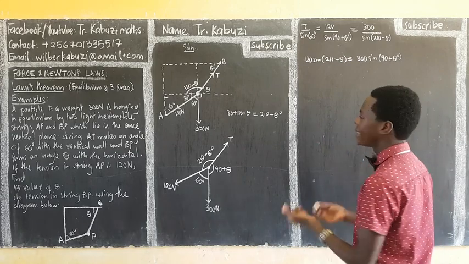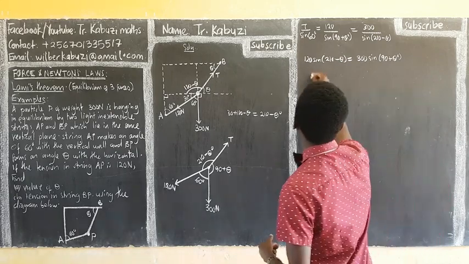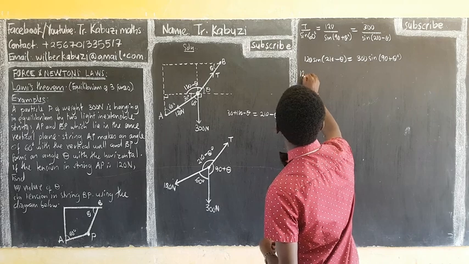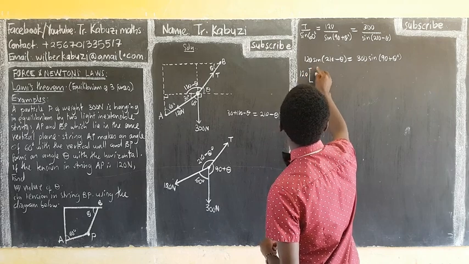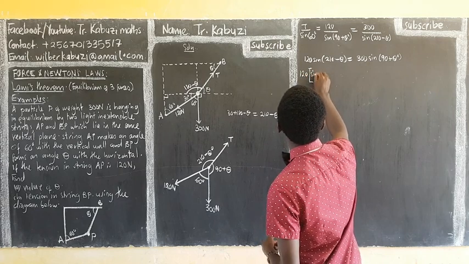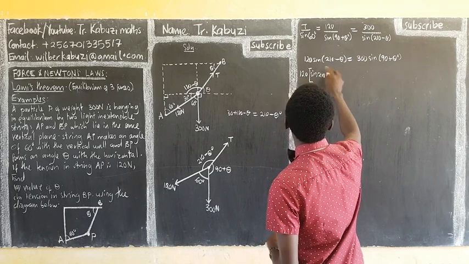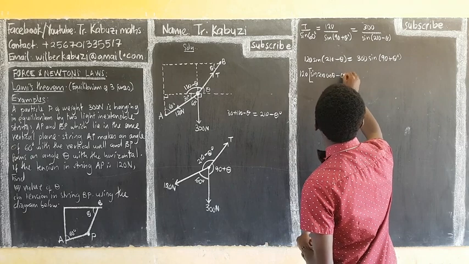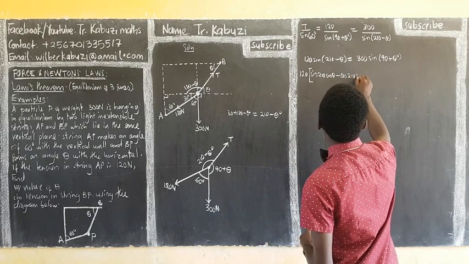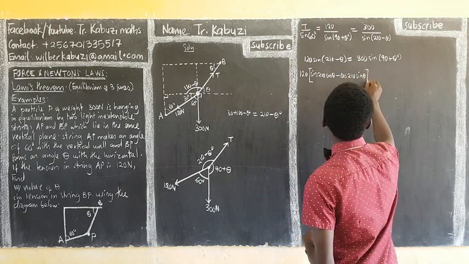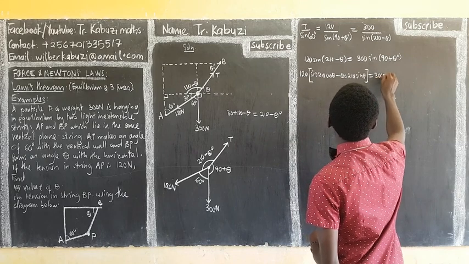Or if you don't want that, you can easily expand it. So this would be 120 into, now expanding sine, we get sine 210 cos theta, then minus cos 210 sine theta, equaling 300.